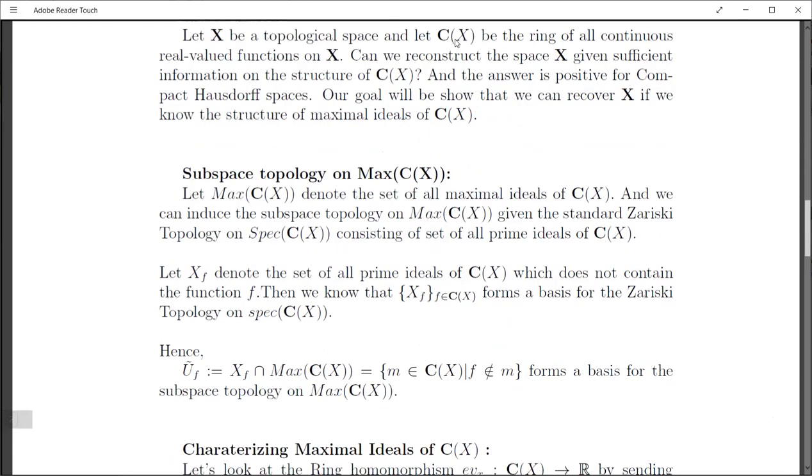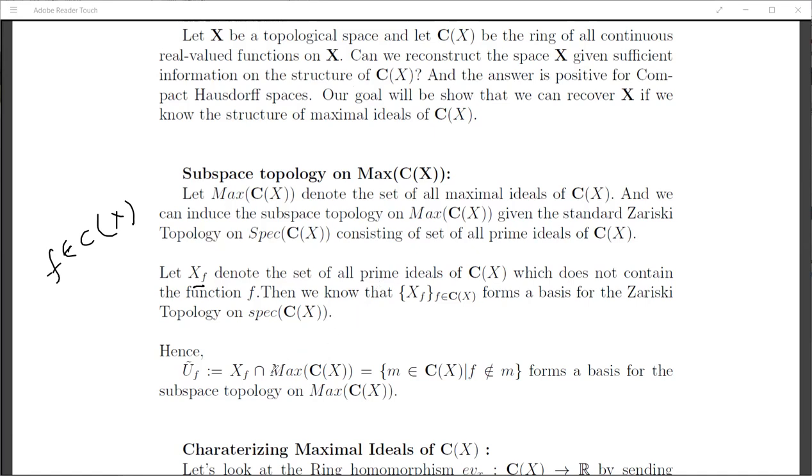And quickly we can see that this subspace topology has a nice basis. We know that if you consider an element of your ring of continuous functions, take some f, which is a continuous function, and look at all the prime ideals which do not contain f. So we denote that by X_f. And we know that that forms a basis for the Zariski topology on the spectrum.